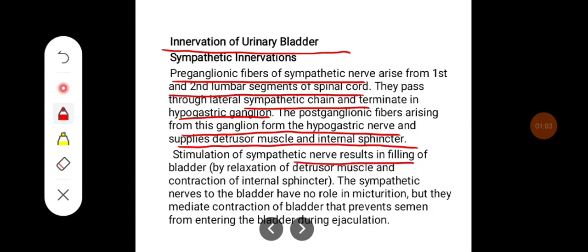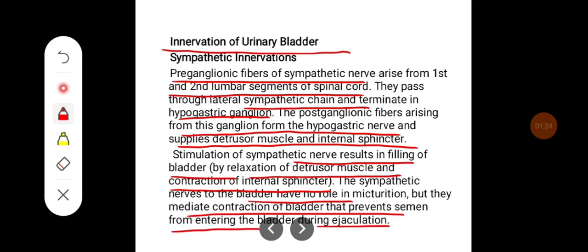Stimulation of the sympathetic nerve results in filling of the bladder, by relaxation of the detrusor muscle and contraction of the internal sphincter. The sympathetic nerves to the bladder have no role in micturition, but they mediate contraction of the bladder that prevents semen from entering the bladder during ejaculation.